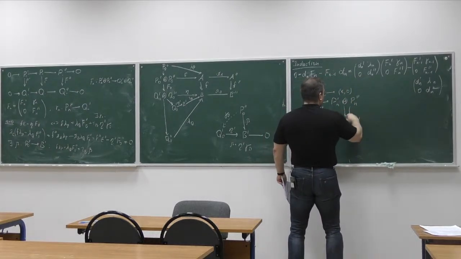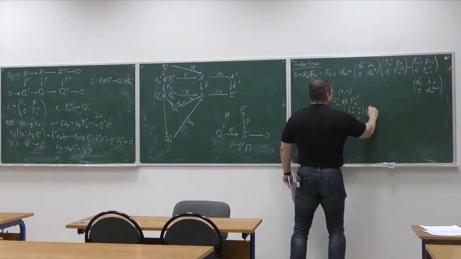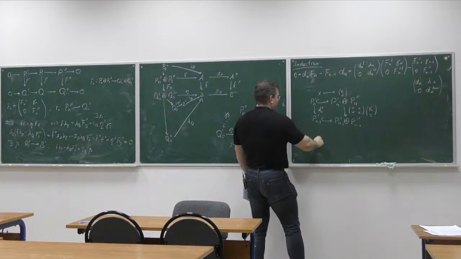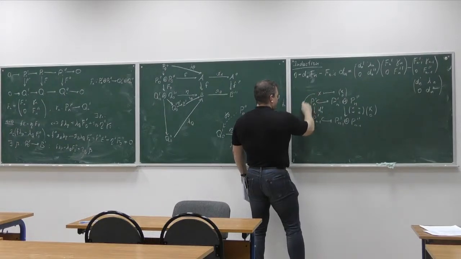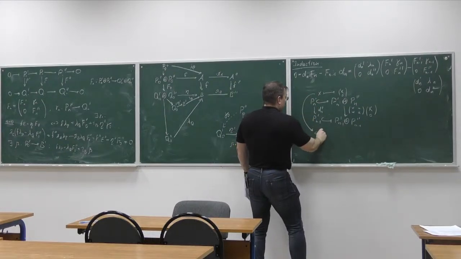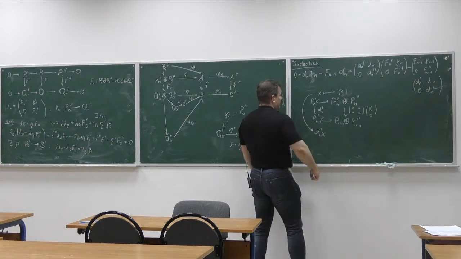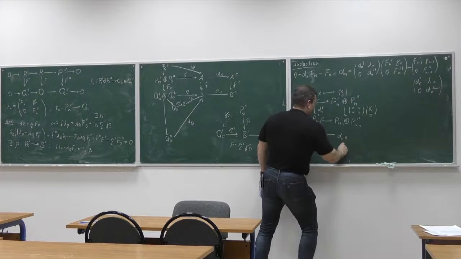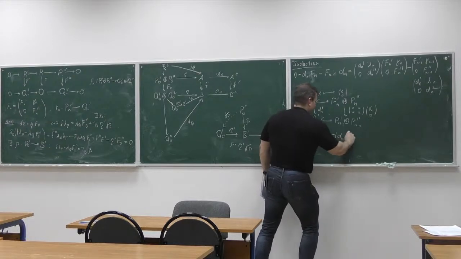This will be a matrix with 4 components, x, comma 0. And here, this x is mapped to dn prime x, and this is mapped to dn x, 0.